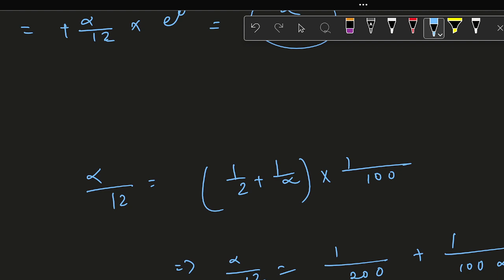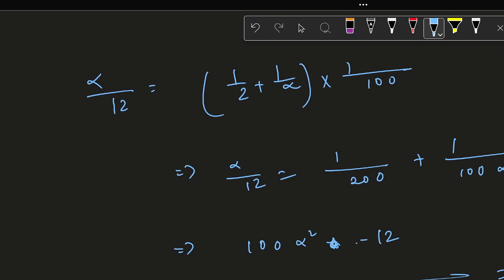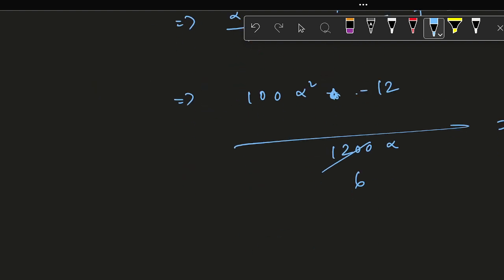So this is 100 alpha squared minus 12 over 1200 alpha, equal to 1 by 200. The 200 and 1200 cancel out, so this is just 6. So this is nothing but 100 alpha squared minus 12 equal to 6 alpha. You have to deal with this kind of quadratic equation, and you know how to solve it.